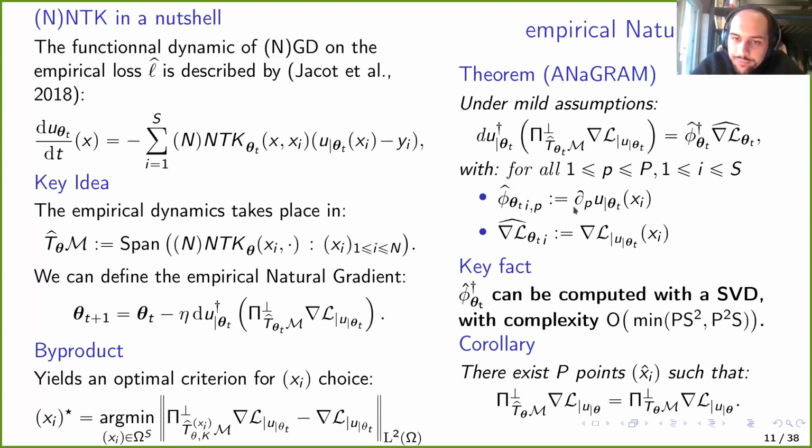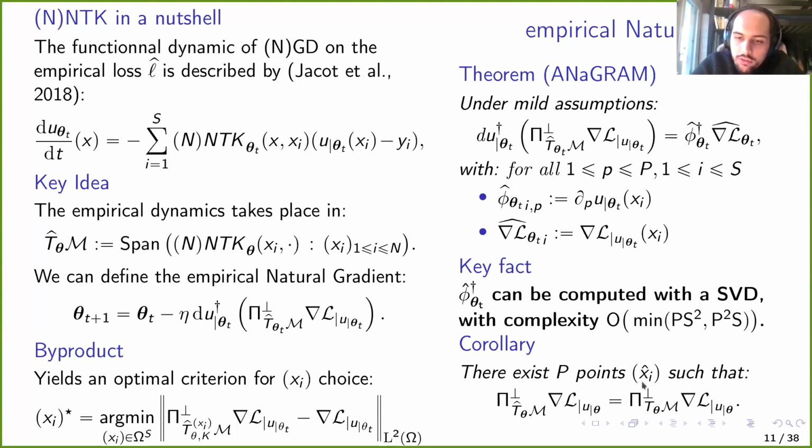So by this formula here, where phi hat is the empirical Jacobian, and nabla L hat is simply the functional gradient evaluated at the points of the dataset. And so the key fact is that computing this update becomes linear in the number of parameters when we use a batch that is, let's say, reasonable, so a few hundreds. Okay.